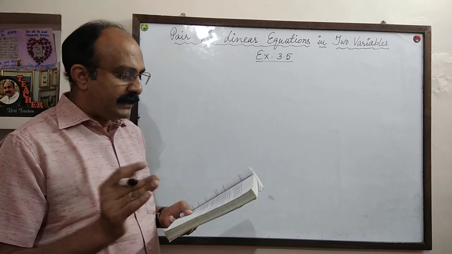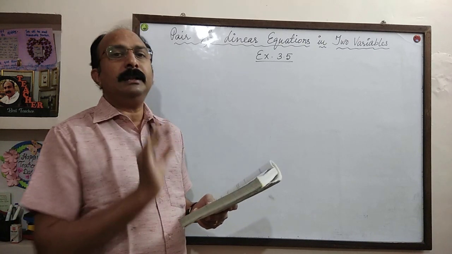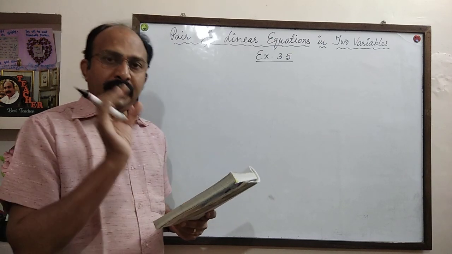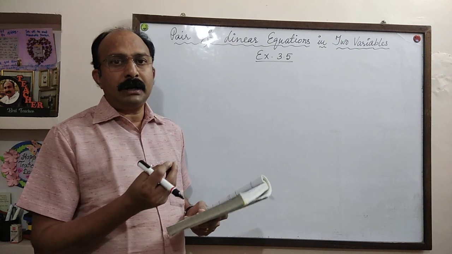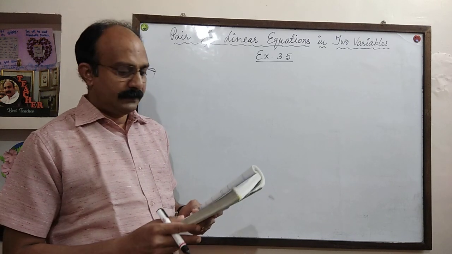The second part depends on the number of days one has taken food in the mess. So let the fixed charge be X rupees. Let the food charge or mess charge per day be Y rupees.